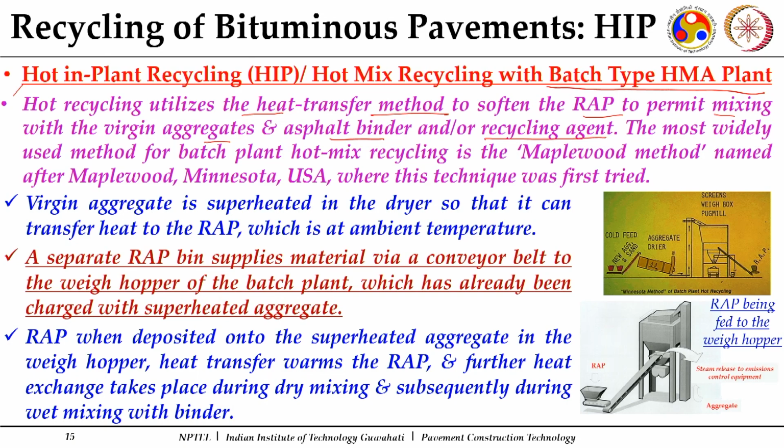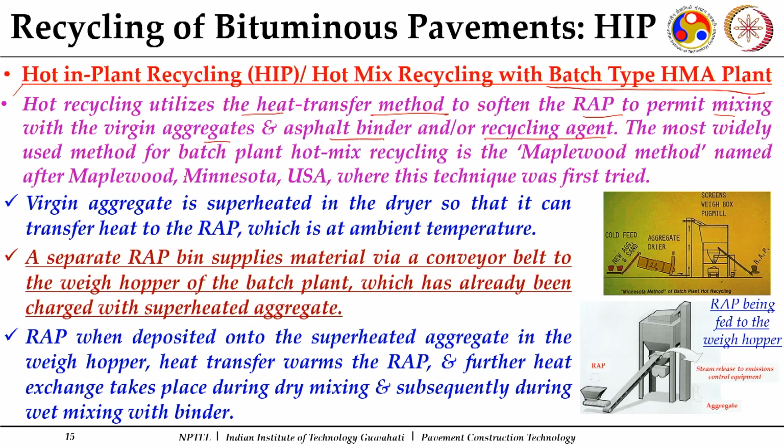So, we need to have some heat transfer from the virgin aggregates heated to higher temperatures. From the conduction of heat from these superheated virgin aggregates, the RAP will be raised to higher temperatures, so that the aged binder becomes soft, and then the mixing can happen with your new aggregate, with your virgin bitumen, as well as with your rejuvenating agents or recycling agents.